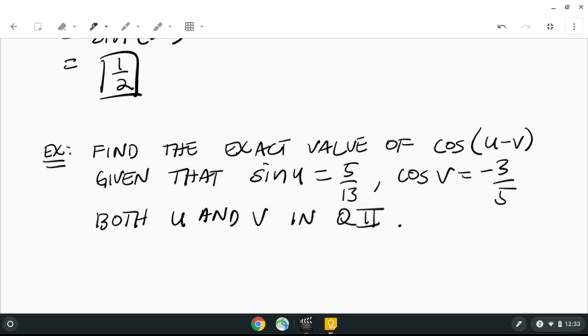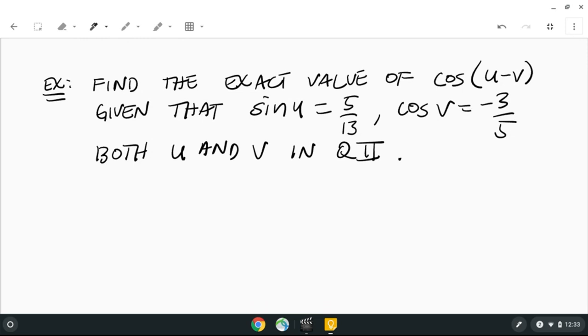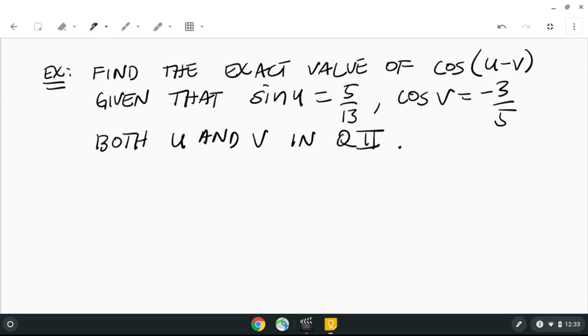Okay, so a lot of clues here. So let's first start off with cosine of u minus v. We're going to be using the difference formula for cosine.